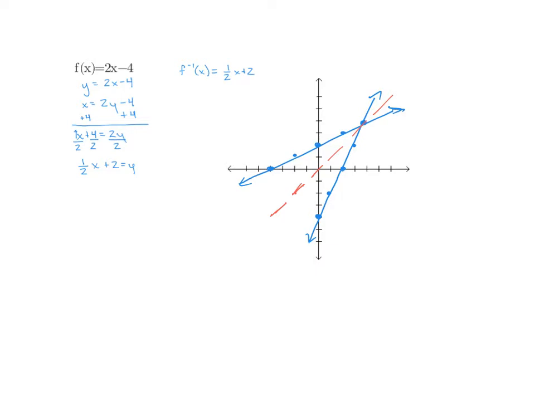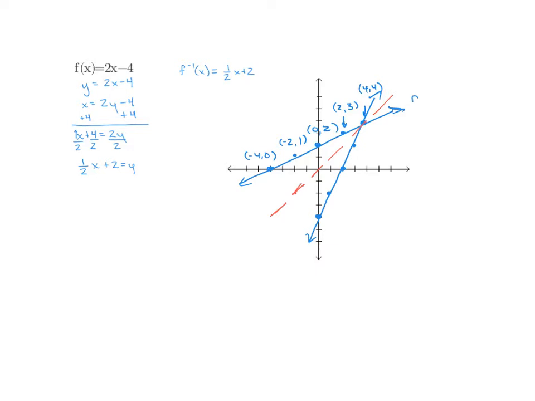If we look here, we have -4, 0. We have -2, 1, 0, 2, 2, 3, and 4, 4.